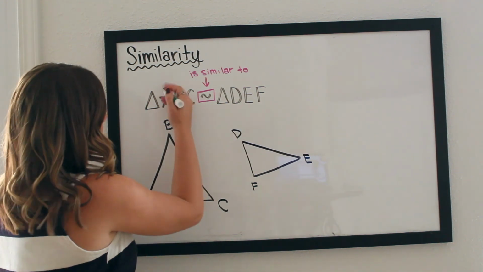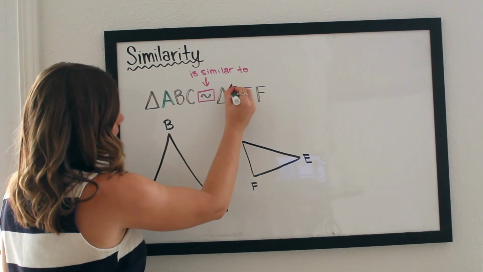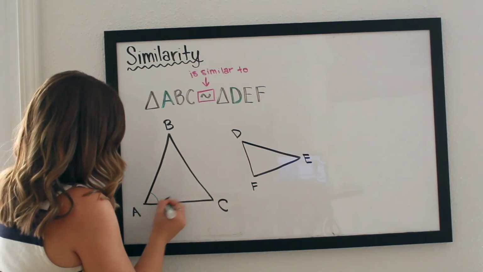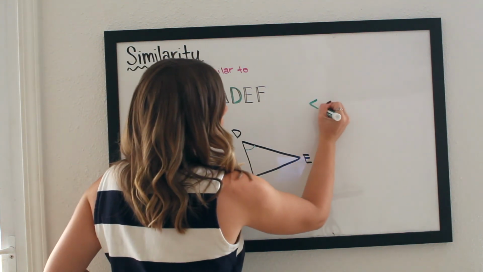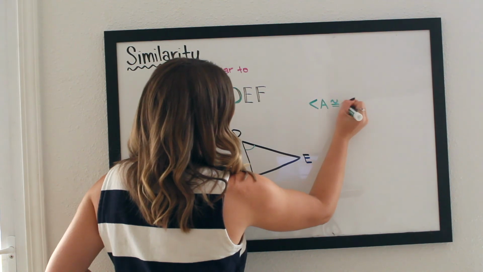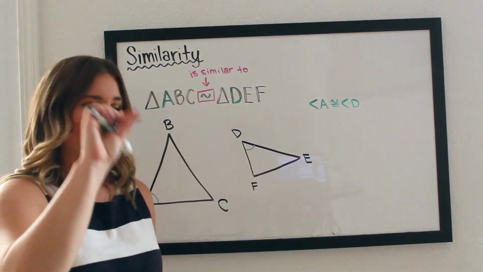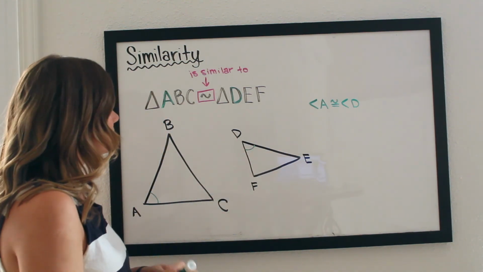So first letter is A. And my first letter in this triangle is D. So it means that angle A is congruent to angle D. And I'm going to write that down. Notice the congruent symbol has the little tilde as well, but it has an equal sign under it.